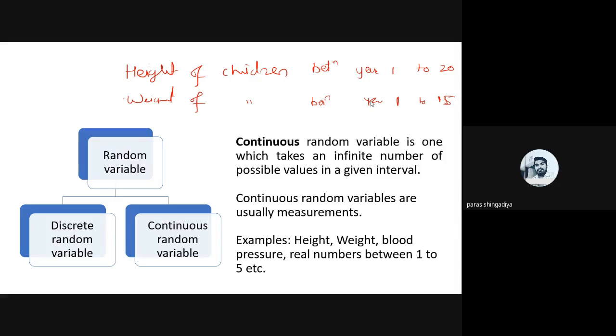And if it is not countable, meaning it is infinite, and it can take any value in the given interval, then it is called a continuous random variable. So these are the two types of random variable. First is discrete, and second is continuous. In discrete, there is a finite answer that you can easily count. And in continuous, it takes any answer in the given interval.